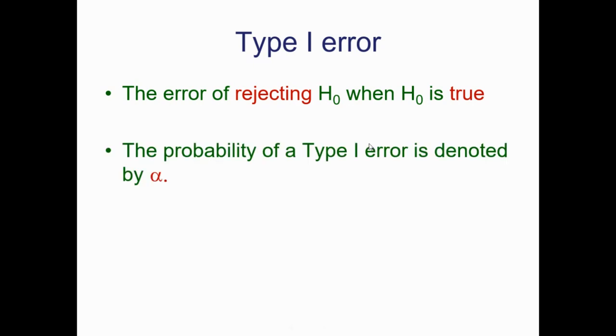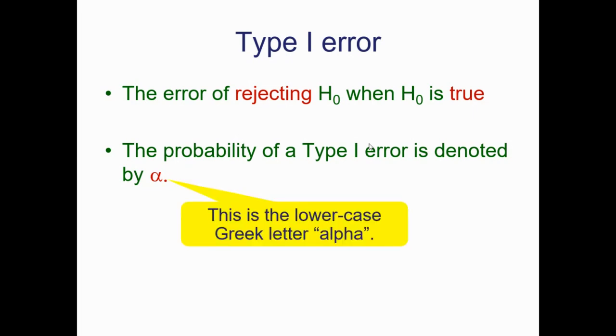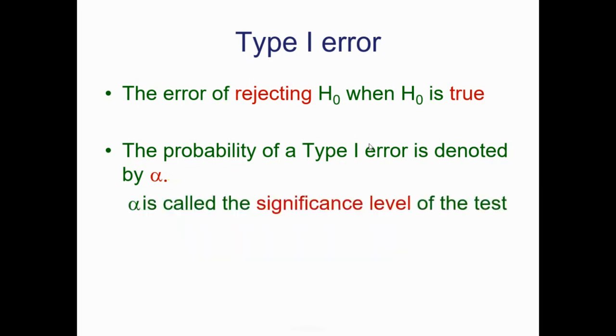For the probability, we're going to learn some more of the Greek alphabet. As if we haven't learned enough already, let's learn some more Greek letters. The probability of the type 1 error is denoted by alpha. So this is the lowercase alpha. This is called the significance level of the test.